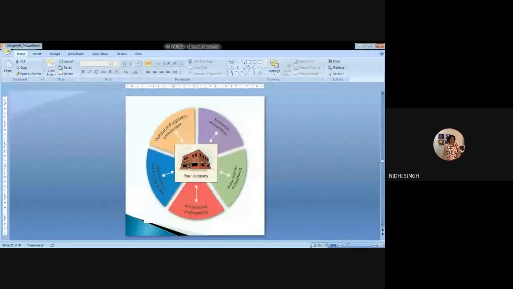Example? Suppose I am a retail shop person, and I took ice cream from the ice cream manufacturer, and now that ice cream I'll distribute to different persons who will take those ice creams.